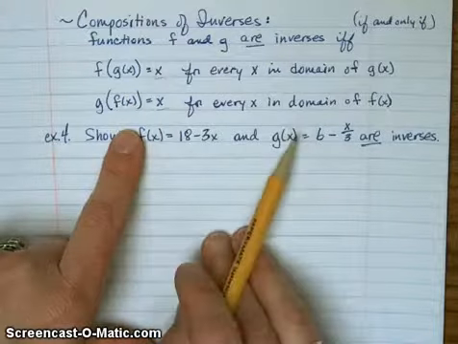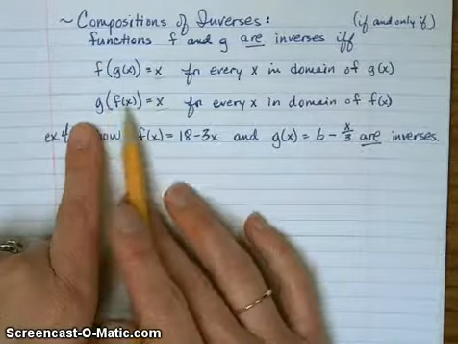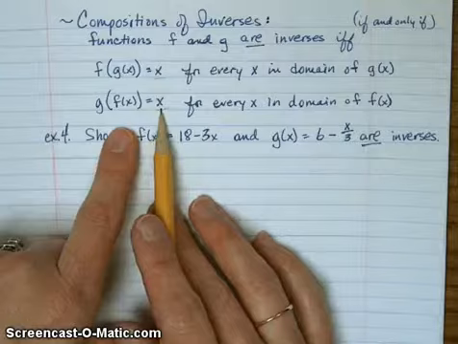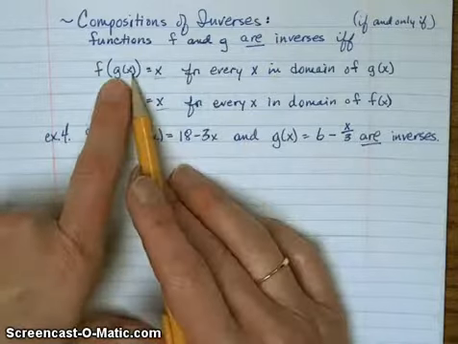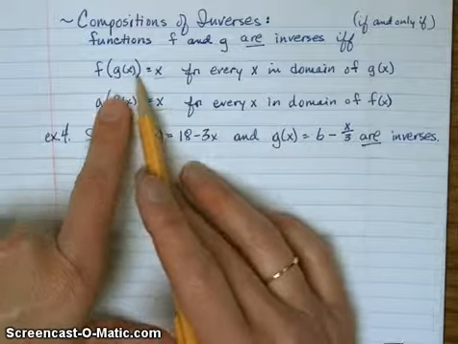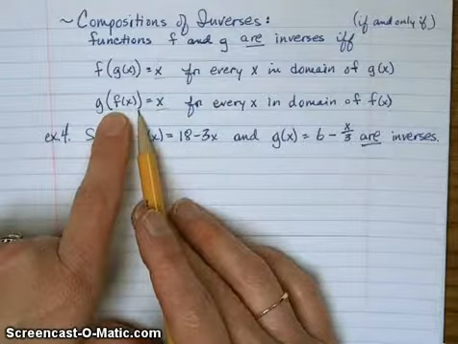So that's how you're going to prove it. You're going to have to prove and show that the compositions going both directions equal x, for every domain in the inside function. So this is true for every x in the domain of g. The composition of g and f is true for every x in the domain of f.